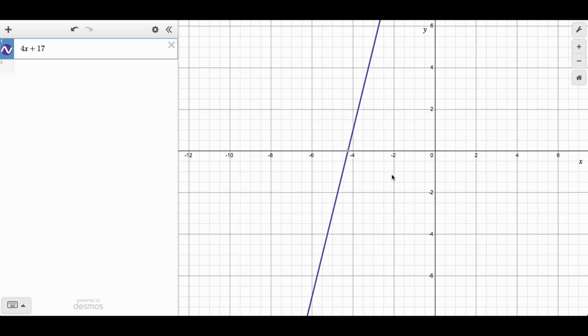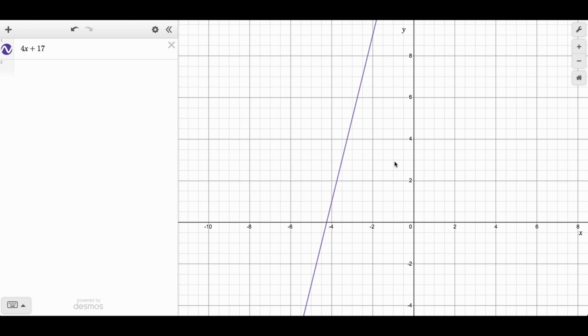So let's go back to our default. And you can see that there's this gray dot highlighted here. And when we hover on it or click on it, we get this coordinate, -4.25, 0. This is basically when you plug in -4.25 for x in this expression, we will get 0 for y.